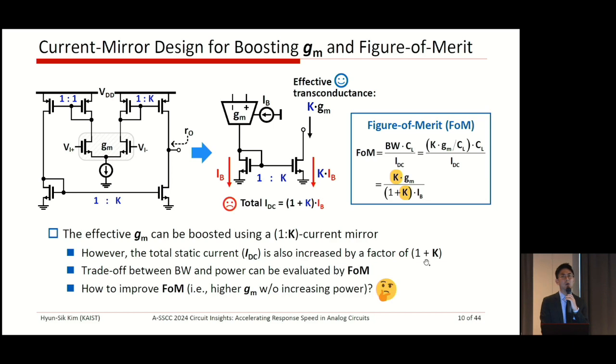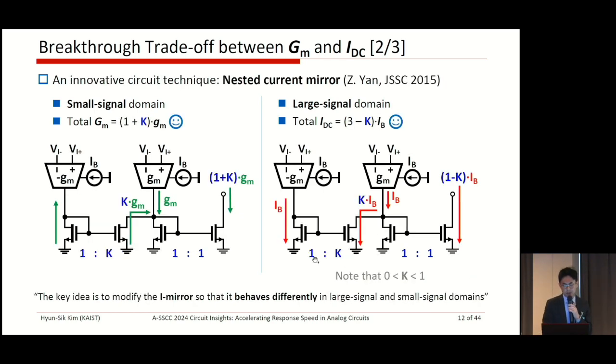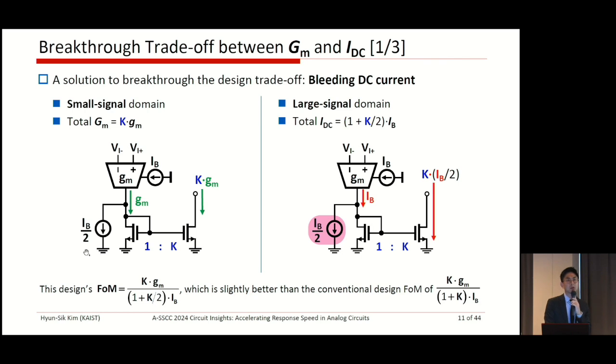So our fundamental question is how to improve this figure of merit. I mean, how can I increase the transconductance without increasing the power consumption, right? This is a very simple method, the solution to break through this design trade-off. Compared with the conventional design, I just add a simple current source here.